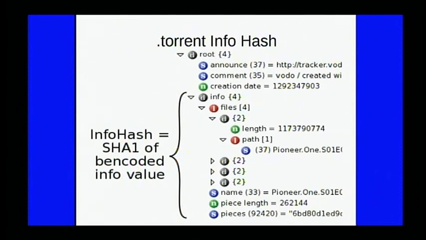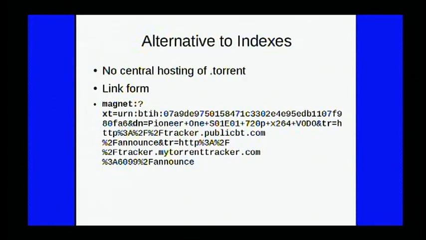One single point of failure are the indexes, and we don't want central indexes that can be taken down, like the Pirate Bay, which is still alive, but has been down already. A much more convenient method is a link form, which you can just pass around textually.